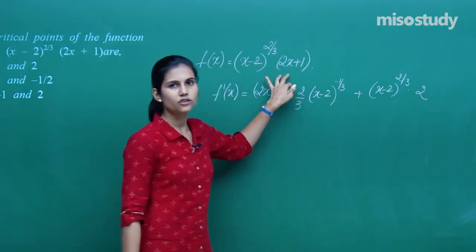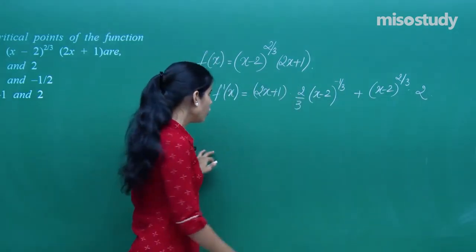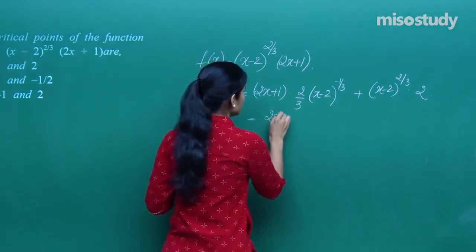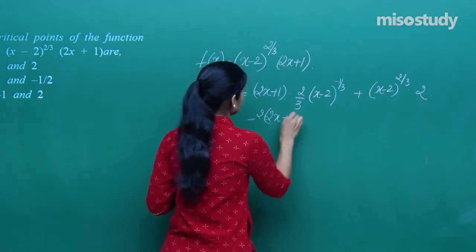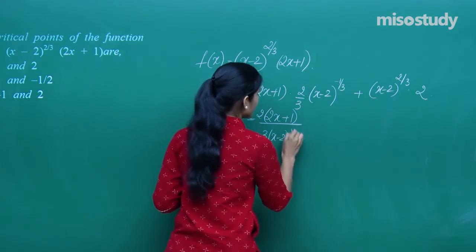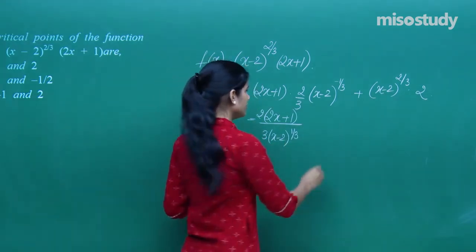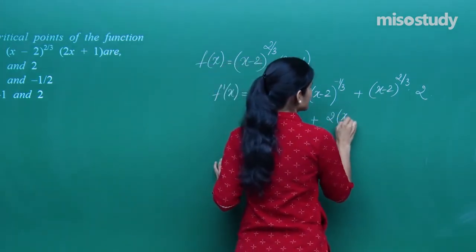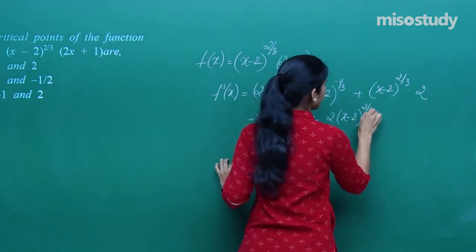Why? Because differentiation of 2x plus 1 is 2. Now over here, observe that this is (2x plus 1) into 2 whole upon 3 into (x minus 2) to the power 1 by 3, plus twice of (x minus 2) to the power 2 by 3.